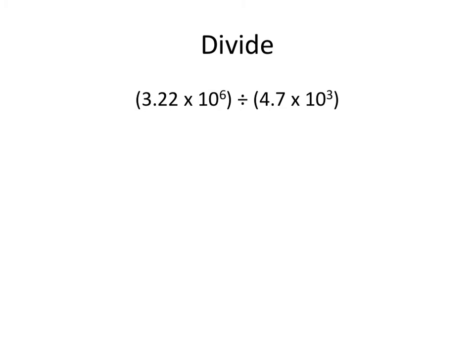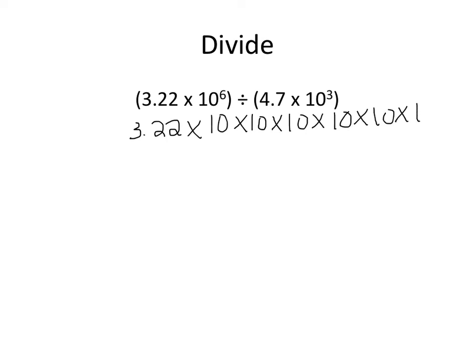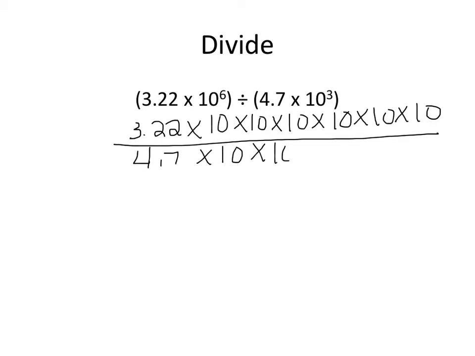Let's go to dividing with scientific notation. When you divide, I'm going to rewrite this as a fraction. So it's 3.22 times 10 multiplied together 6 times, all divided by 4.7 times a 10 multiplied by itself 3 times.